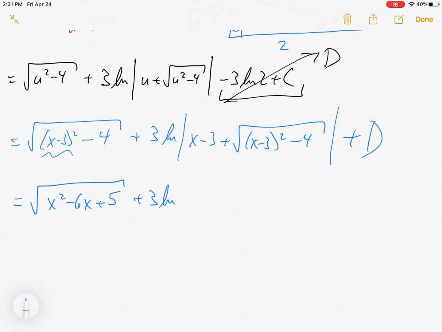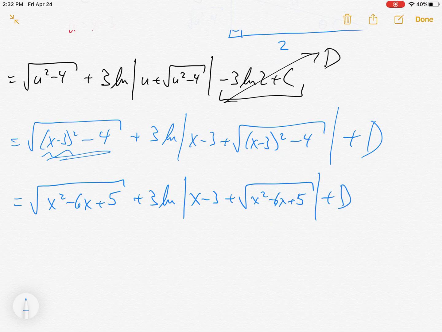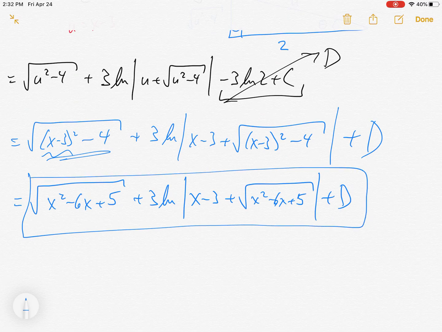And this is it right here. This becomes x squared minus 6x plus 9, or rather x squared minus 6x plus 5. Hey, that looks familiar. Look back at the beginning. Plus 3 natural log absolute value of x minus 3 plus the square root of, hey, this is the same computation we did over here.